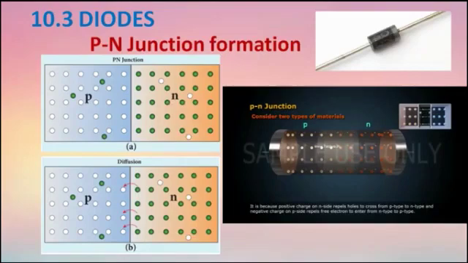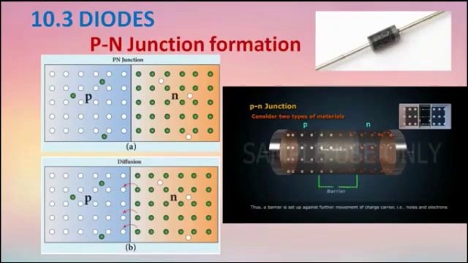This diffusion of the charge carriers from both sides continues across the junction. Here, the negative ions form a layer of negative space charge along the P side. It also attracts holes from the N side to the P side. Similarly, the positive space charge region is formed by positive ions on the N side.